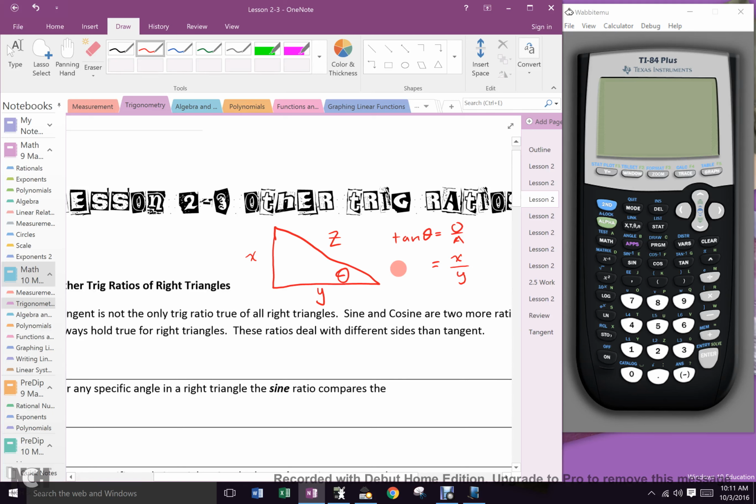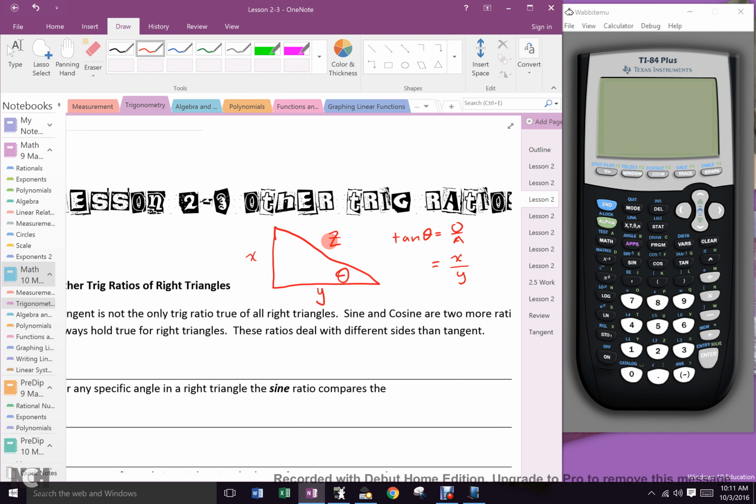That tangent, x and y, leaves out the hypotenuse completely, doesn't it? Now, you're not stupid. If there's some kind of ratio that uses opposite and adjacent, there must be a ratio that uses the hypotenuse, because all three sides are what is needed to make a triangle, correct?